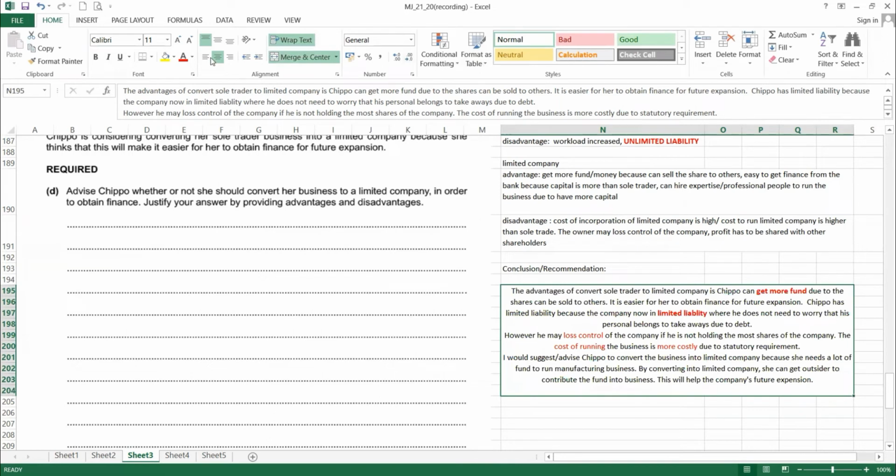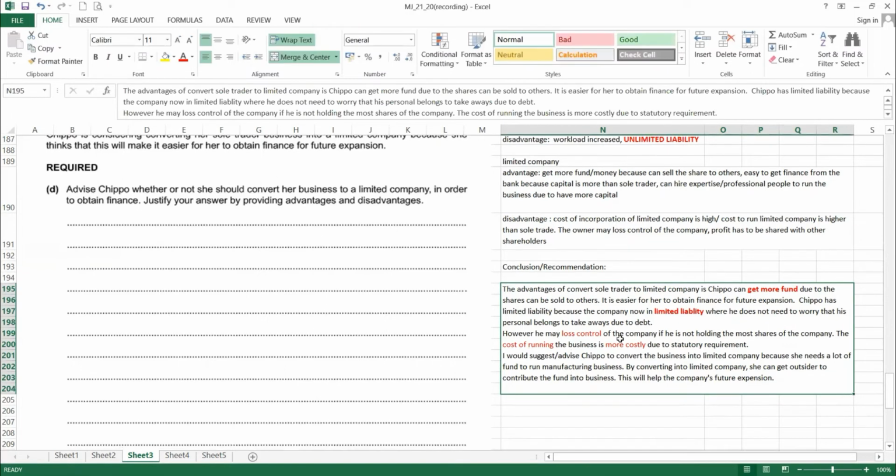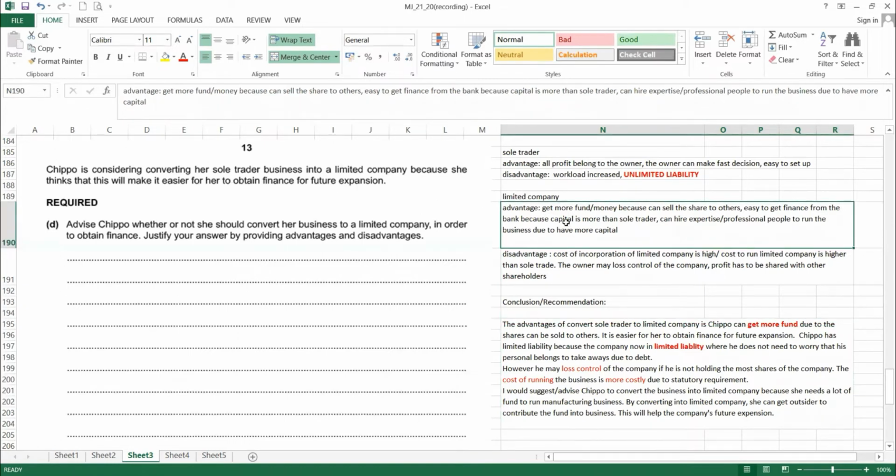So for the theory part, because now all the theory questions are not straightforward, you must cover all the areas. Based on the question, they want an advantage, disadvantage. So in answering, I will try to talk about limited company because their key thing is converting into limited company.